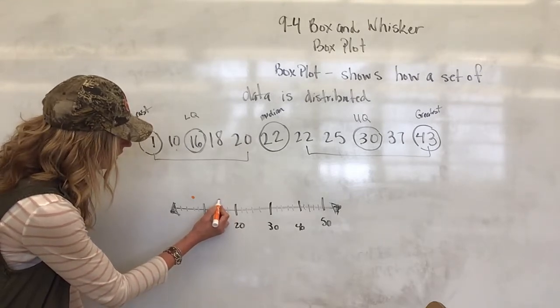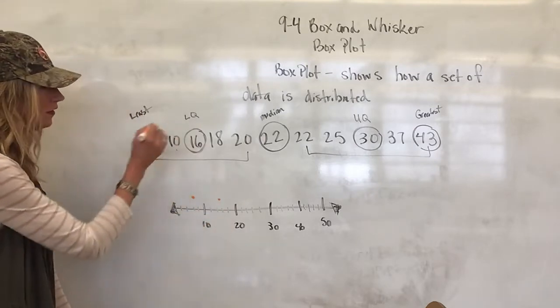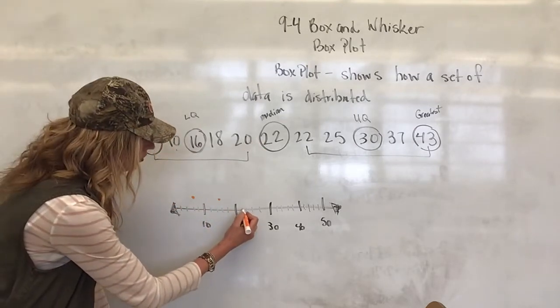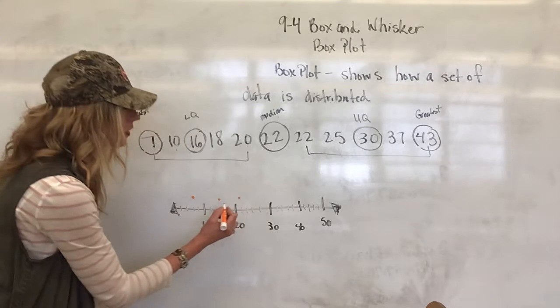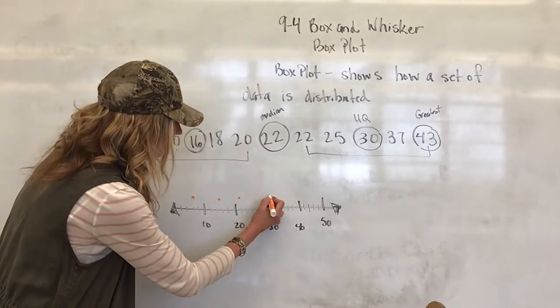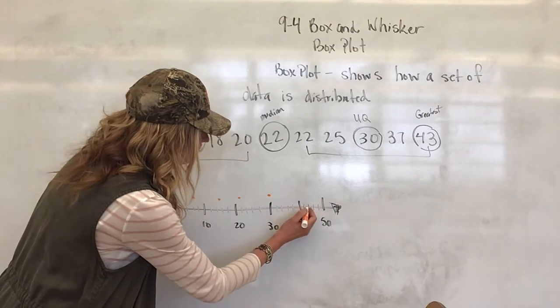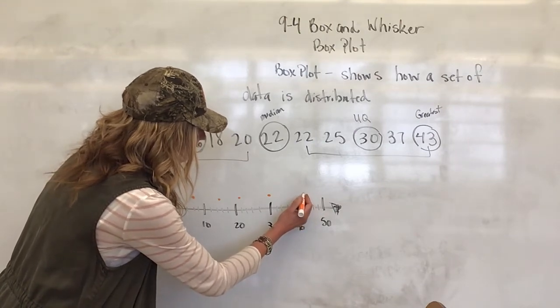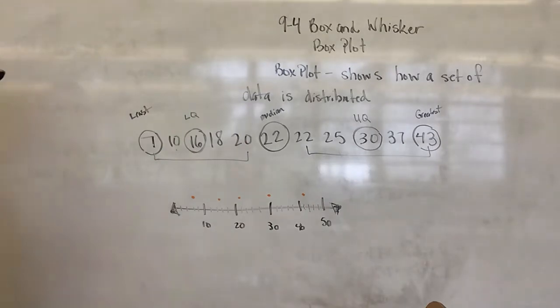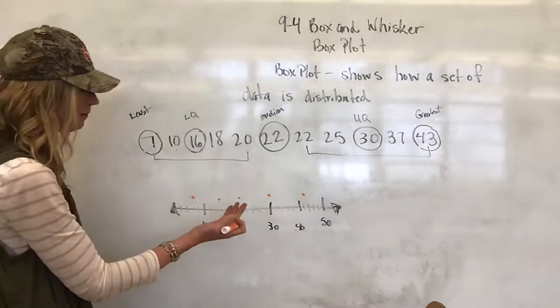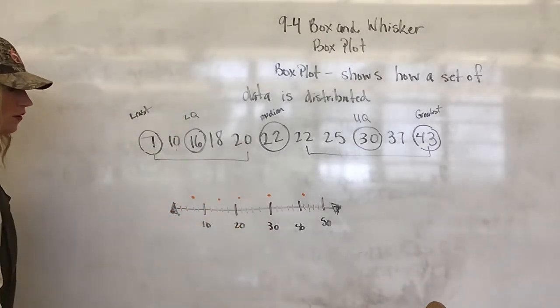Okay, right on that 16. Okay, there we go. 22. 20, 22. Okay, there we go. 22. 30. There's our 30. And 43. 40, 42. That'd be 44. So we're going to go in between. That would be on 43. Now we have our 5. Got to make sure we have 5, right? Because we found 5 key values.